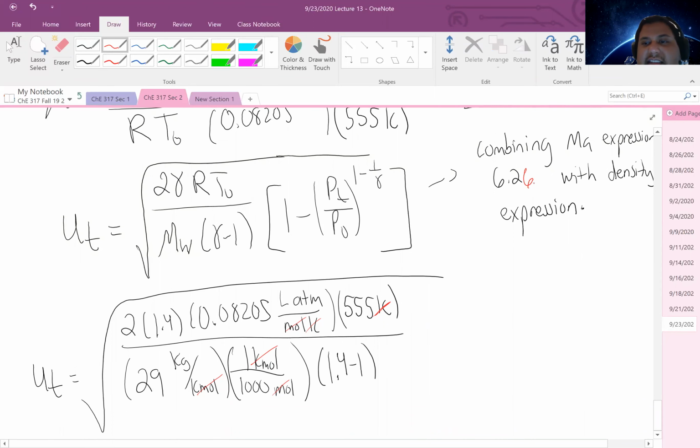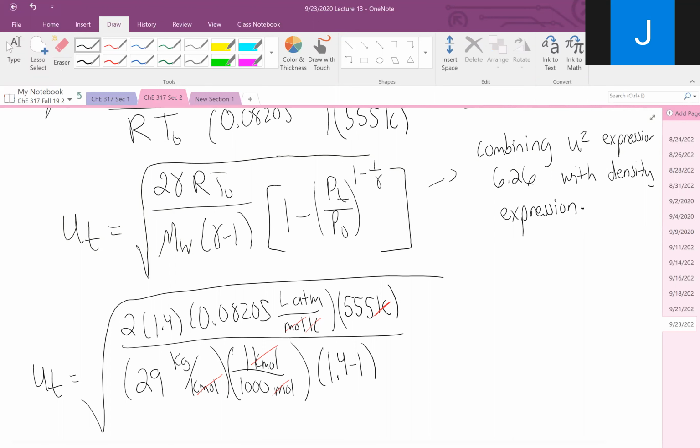Sorry, this is the U squared expression. I just took the square root of it and plugged in R T naught over molecular weight for P naught over rho naught. Yeah, which technically I didn't really need to do.